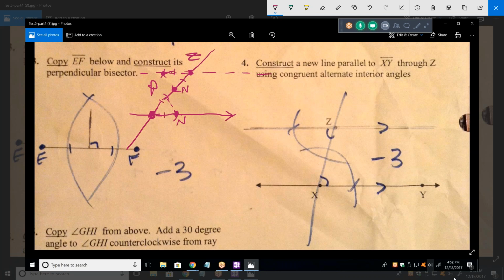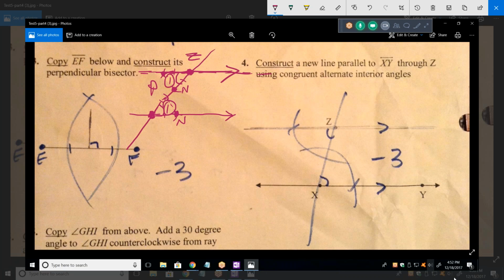Now we have an intersection point which we can connect with Z, and this angle here is the same as that angle there, and therefore we have alternate interior angles, and this line ends up having to be parallel to the bottom line because angle 1 is equal to angle 1. In other words, we took angle 1 and we copied it starting from Z. So what we really did is copy it upside down.